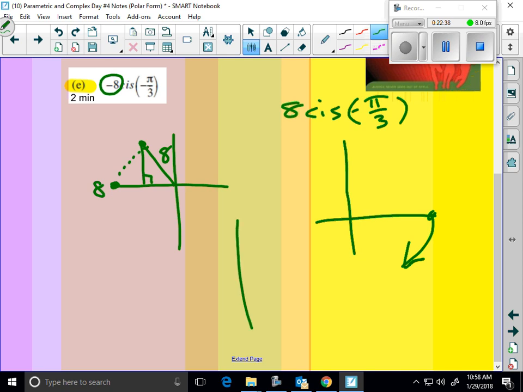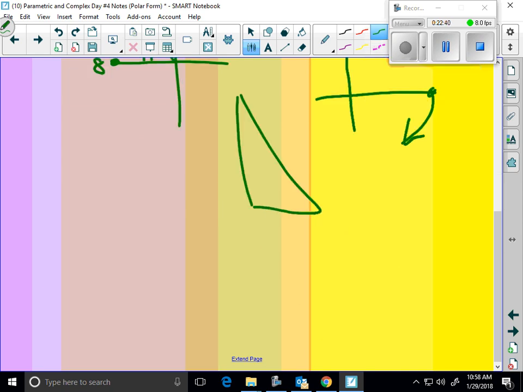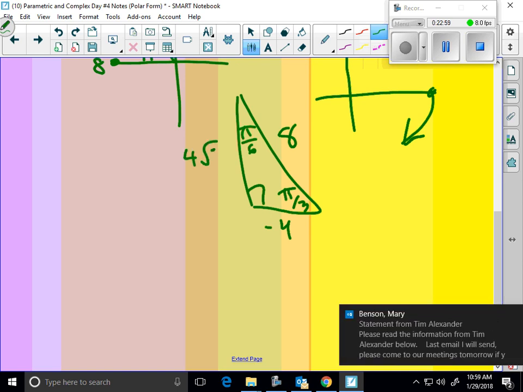Now this is where your 30, 60, 90 properties come in, if you don't remember those or didn't get the tattoo, okay? If this is a 60 or pi over 3, and this is a pi over 6, the short leg is what fraction of the hypotenuse? Half. And then multiply this by what to get the long leg? Square root of 3, sorry.